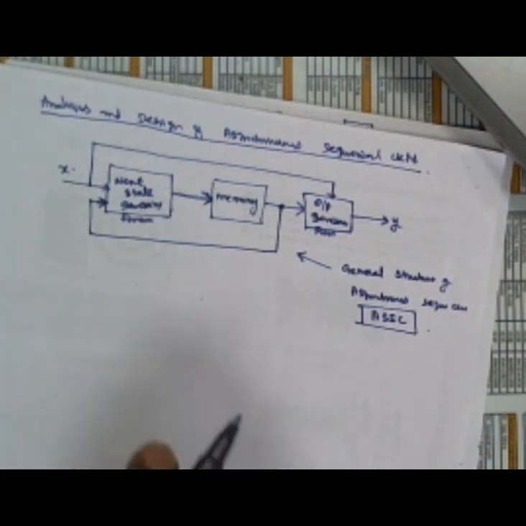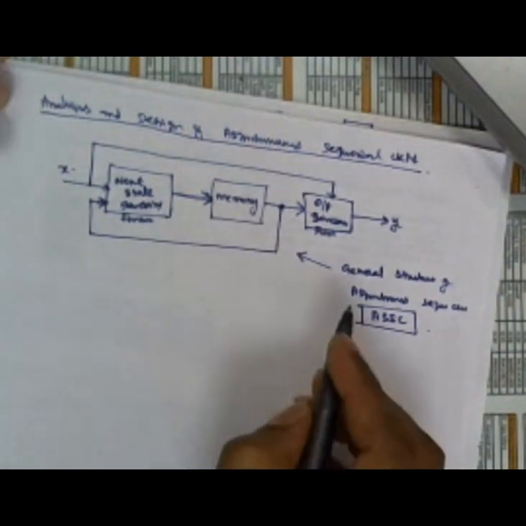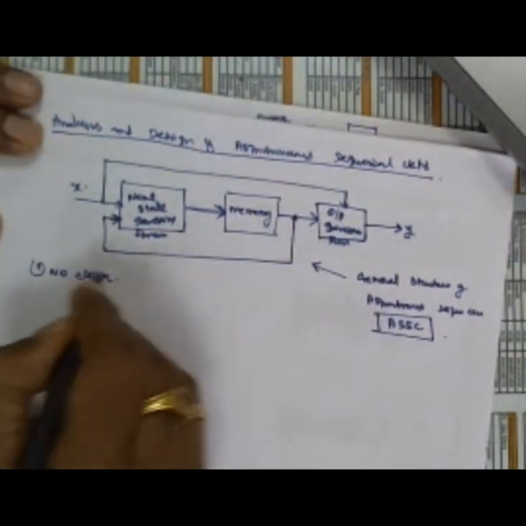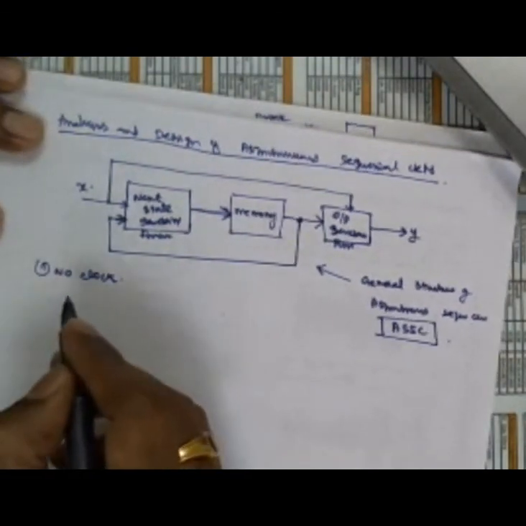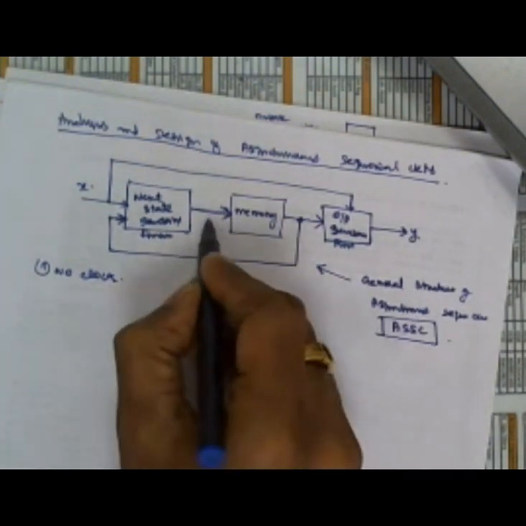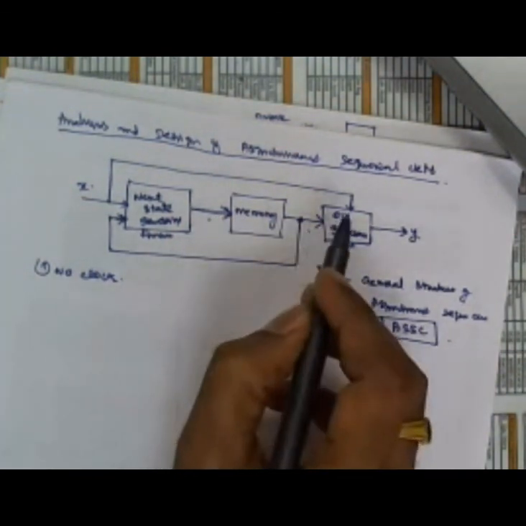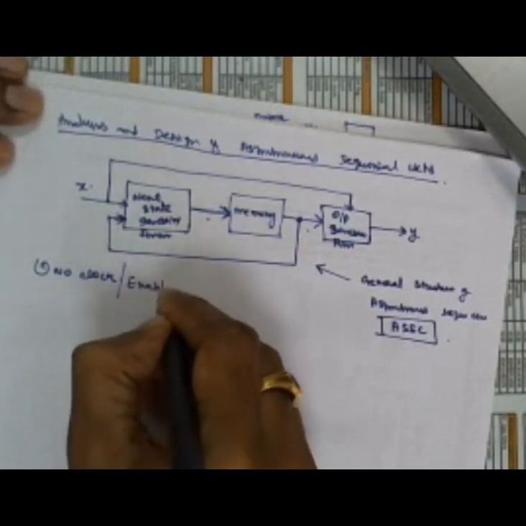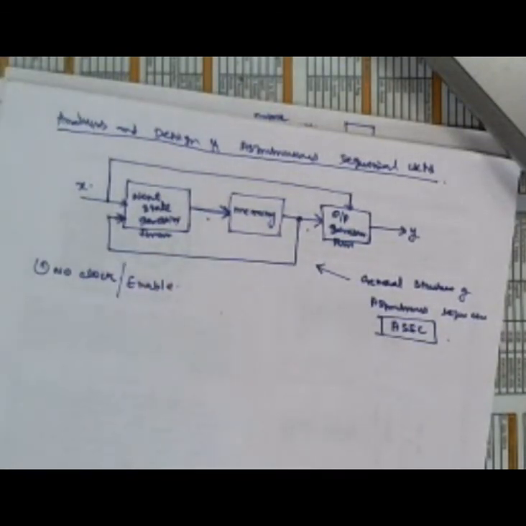In asynchronous sequential circuits, there is no clock. If there is no clock, then all the problems will come, because the memory will not be in your control. And the transition of this input into this input also is not in your control. No clock, also no enable.